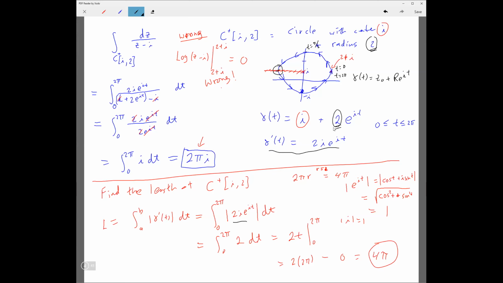So if this had been a 3, then that would be a 3, but there'd also be a 3 appearing right there, and then they would cancel, right? You'd end up with 2 pi i. Even if you had a million, then you'd have a million here, but you'd also get a million right there, and they would cancel, and you'd end up with 2 pi i still. So no matter how big of a circle it is, the integral is still going to be 2 pi i.